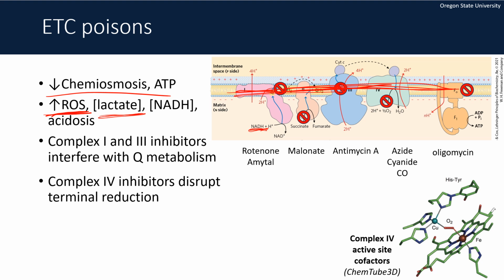So you can perhaps appreciate how breaking down the ETC really quickly ripples out the problems beyond the walls of the mitochondrion. In this figure, we have marked up the different ETC poisons that you should be broadly aware of.